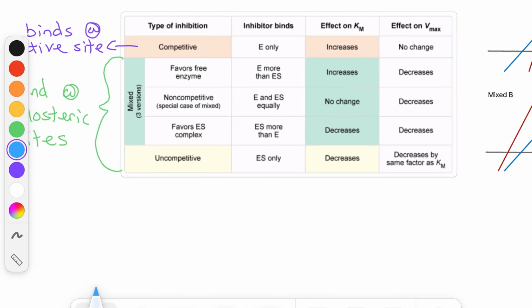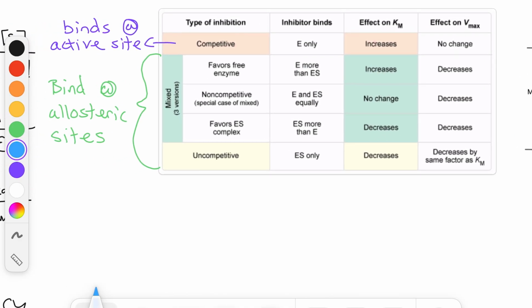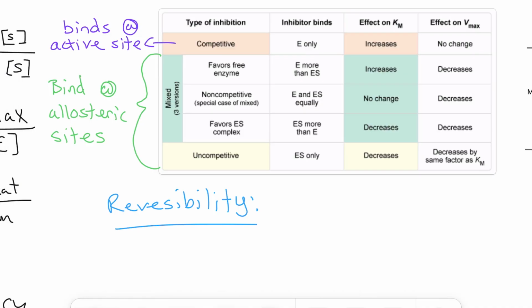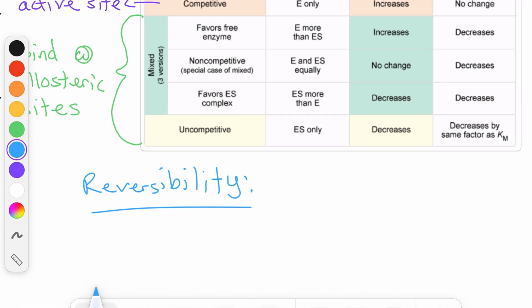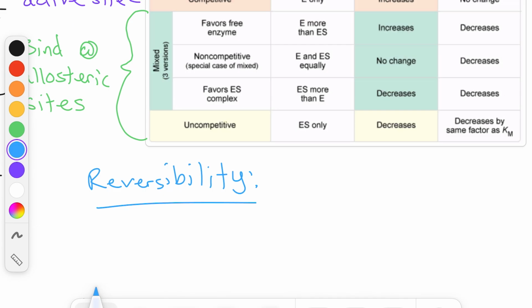Something that you guys also might be asked about is reversibility, if any of these are innately reversible. Reversibility, if I can spell. I don't even know if that's a word, but anyways, you'll understand. So no, we can't tell anything about it.